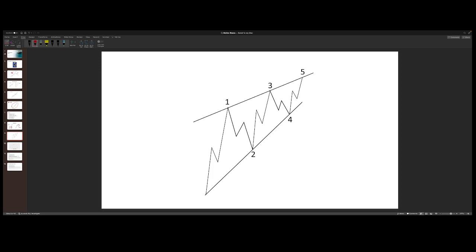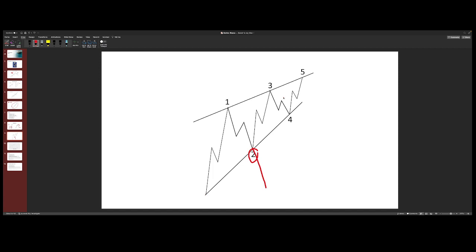In the rules, a diagonal always subdivides into 5-wave moves. Here we have 1, 2, 3, 4, 5. A 5-wave structure. Wave 2 never goes beyond the start of wave 1.